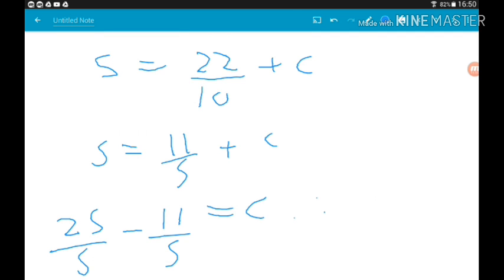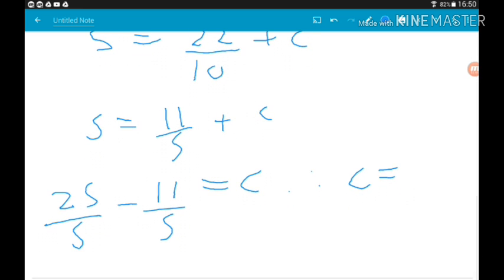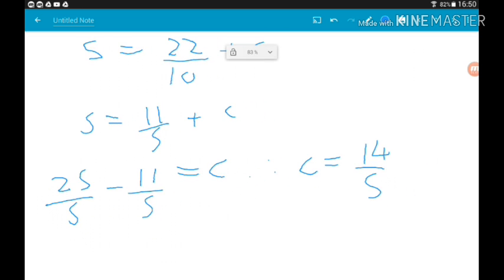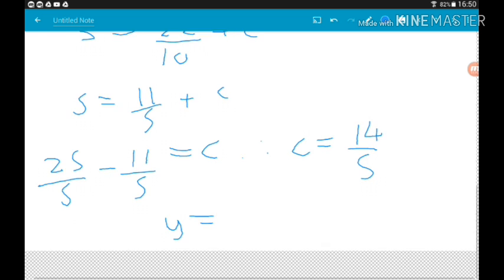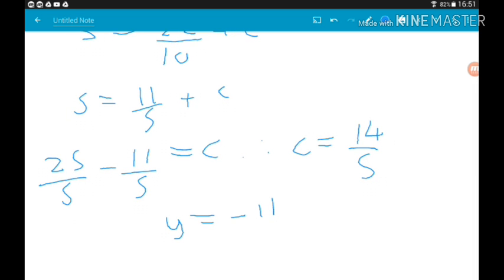Therefore, c is equal to 14 fifths. So the equation of our line is y equals -11 tenths x plus 14 fifths.